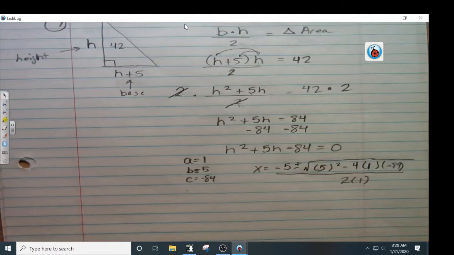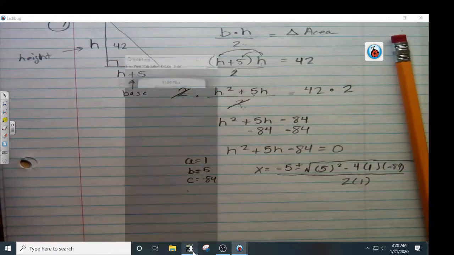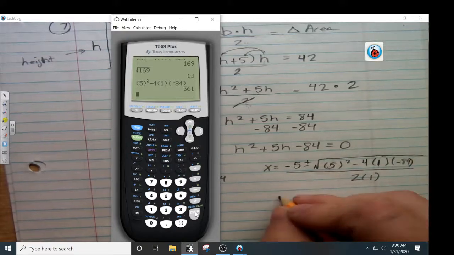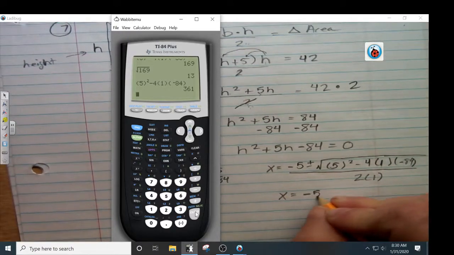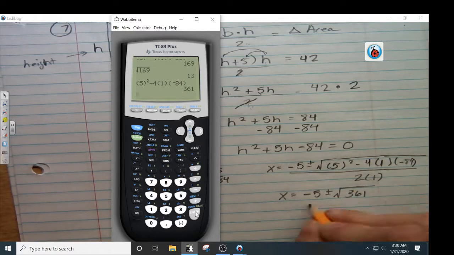Now, what I'm going to do is figure out my discriminant. I'm going to put everything in parentheses that I plug in. So 5 squared minus 4 times 1 times negative 84. That's 361. X equals negative 5 plus or minus the square root of 361 over 2.